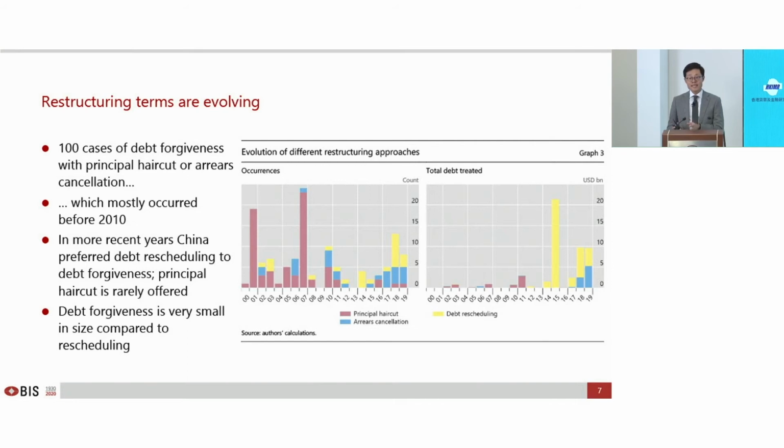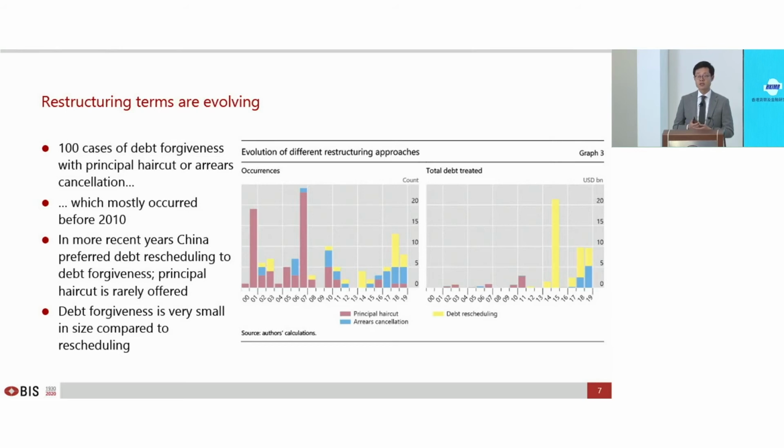In more recent years, we can see that the yellow bars have increased quite a lot in terms of occurrences. Another comparison we need to make here is in terms of the debt treated, so the size. We can see that debt forgiveness is still relatively small in size compared to rescheduling. In rescheduling cases, China is rather generous, treating quite a large amount of external debt in particular countries.